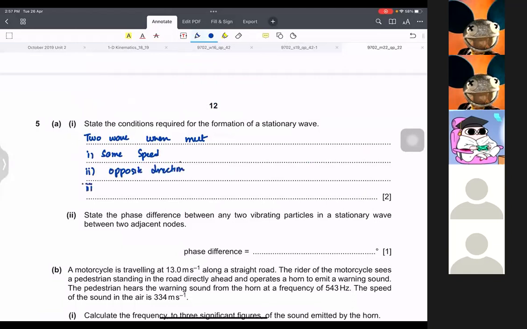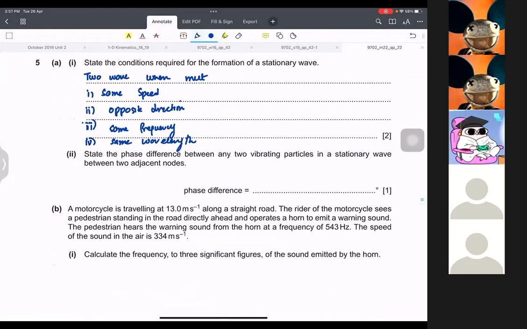Number three, same frequency. And number four, same wavelength. If these are the 4 conditions that they meet, a stationary wave is formed.